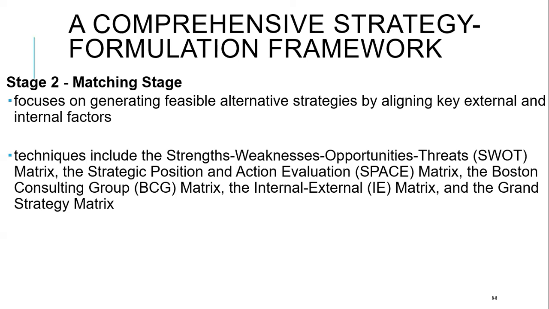So what the matching stage does is that it tries to make meaning out of the information generated at the first stage and rely on that meaning to pick the most appropriate strategy out of the lots that may be available for consideration. It also employs a number of tools ranging from SWOT analysis, SPACE analysis, BCG analysis, and then IE analysis, and finally, grand strategy matrix.